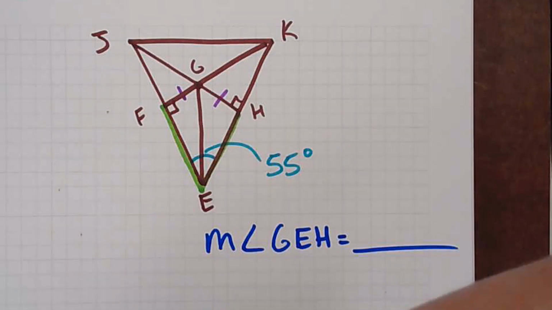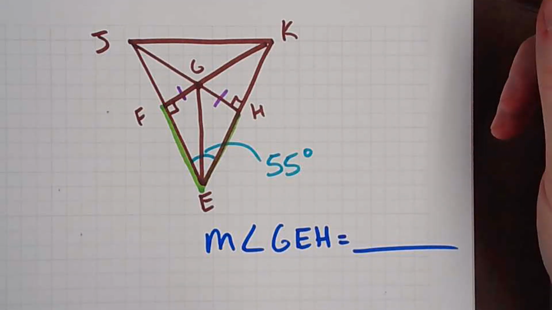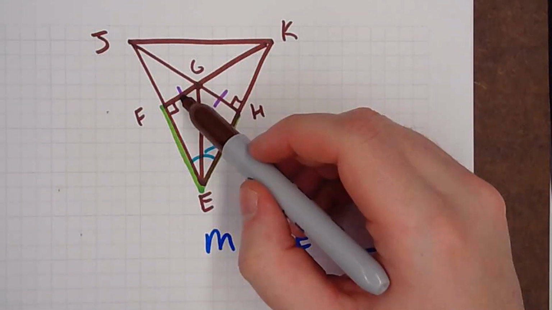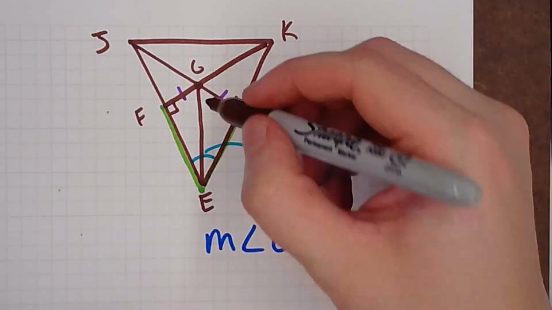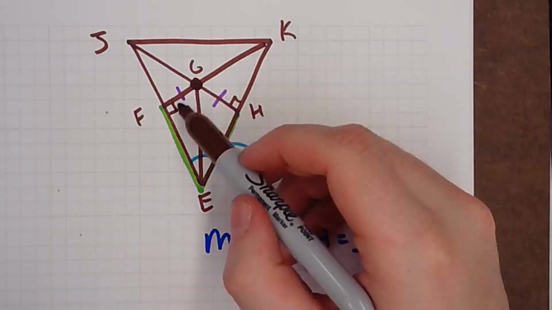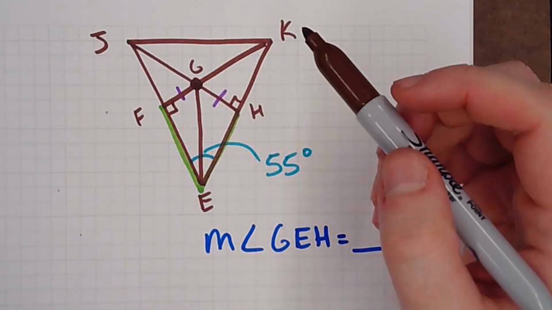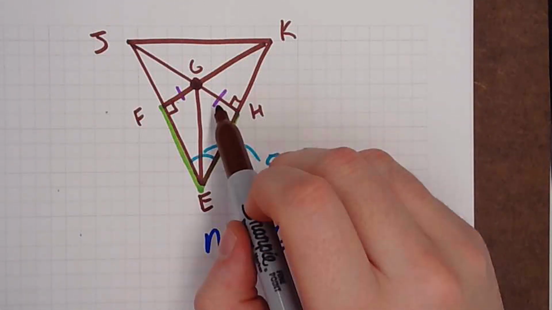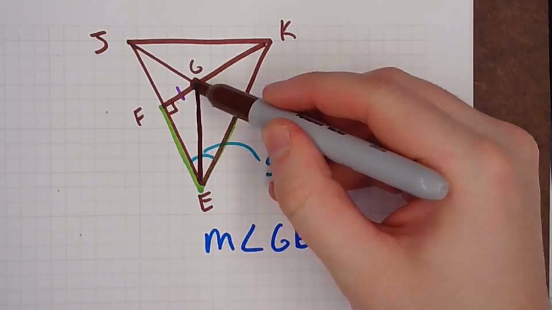Because we know that this right here and this over here are congruent, we know that this point right here is equidistant from 2 sides of the triangle. Now what's cool about angle bisectors is that when we have 2 segments here equal, we know that this line right here is an angle bisector.